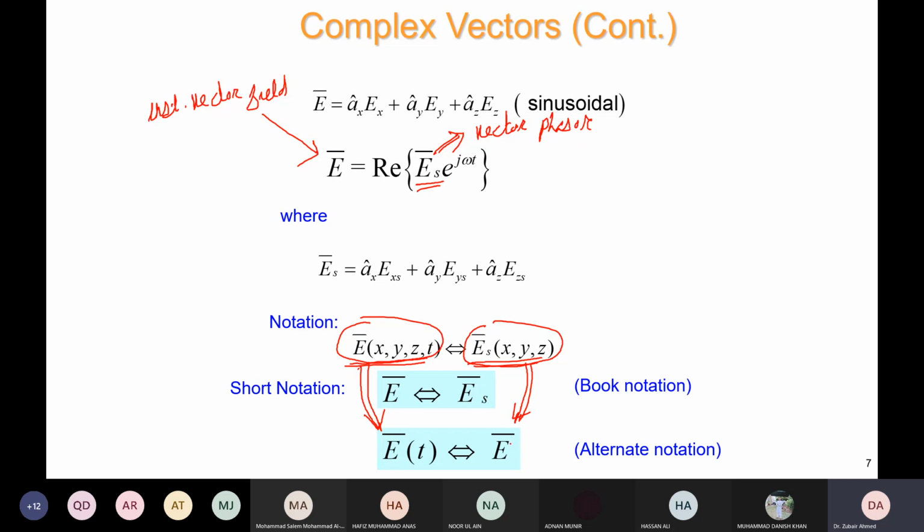It is sometimes convenient when we are working with the phasor. It is inconvenient to write this subscript s again and again. So I will use this alternate shorthand notation. I will denote the time domain signal like this and the phasor domain signal like this. So these two are the shorthand notations for these two instantaneous and phasor vectors.